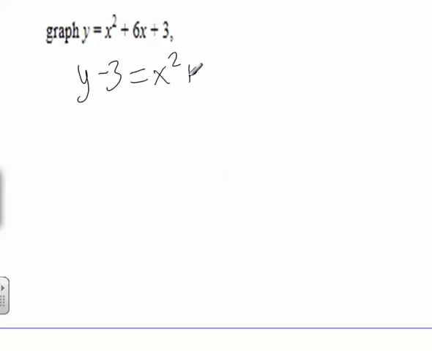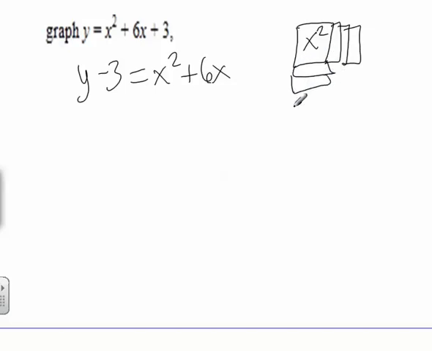x squared plus 6x. Okay, remember the picture. What do we need to complete the square? Well, 3 x's on each side, because we take this and divide by 2. After dividing by 2, we square that, we get 9. 9 is what we add to complete the square.